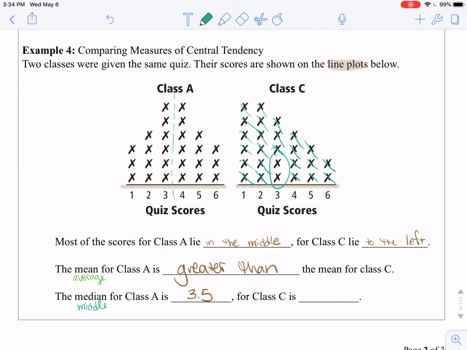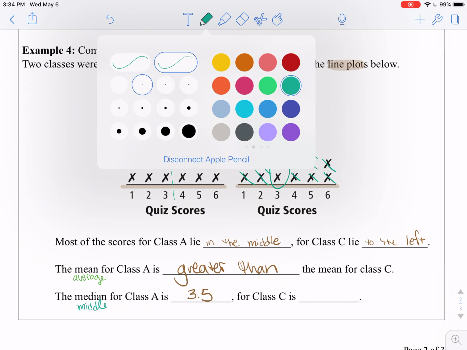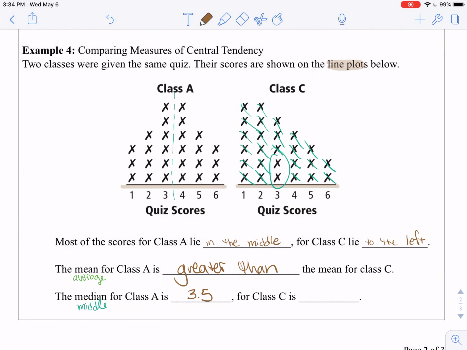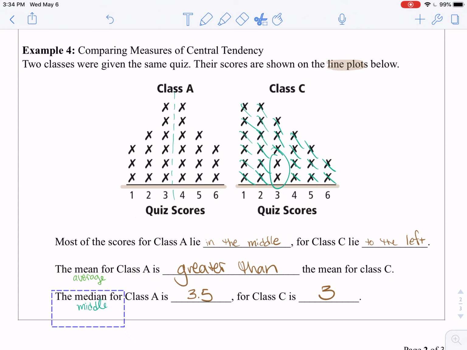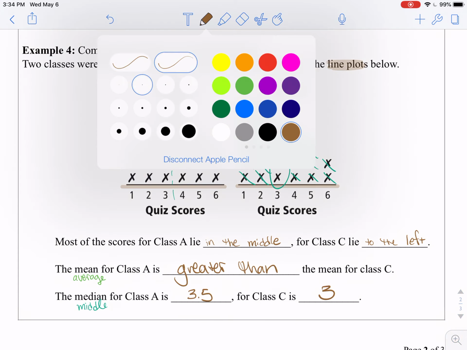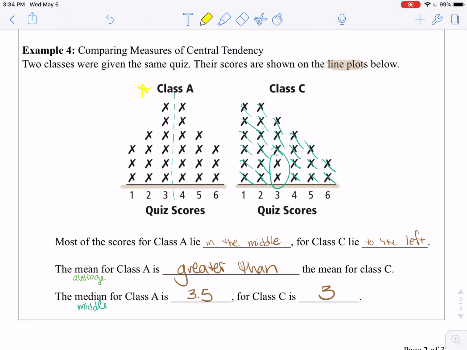So our middle value is right here in the middle. Now let's analyze it. Because the average for Class A was greater and the median for Class A is also greater, then we can say overall that Class A did better. Yay, good job, Class A.